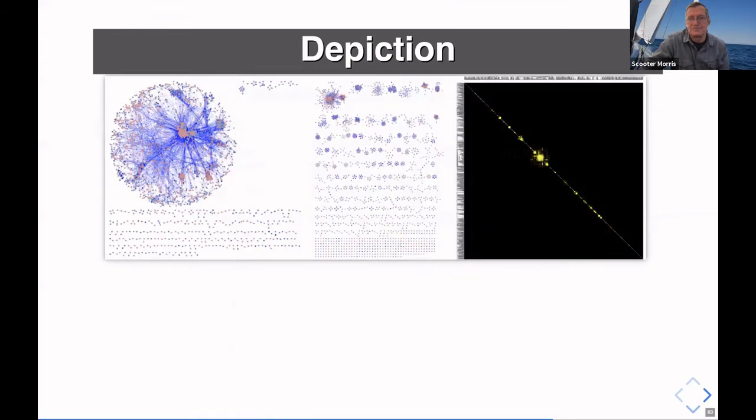In fact, all three of these are the same network. So by using different depictions, all of these were done using Cytoscape, by the way, we can begin exploring different aspects of this network and focus on different connectivities, focus on different aspects of how this network is structured.